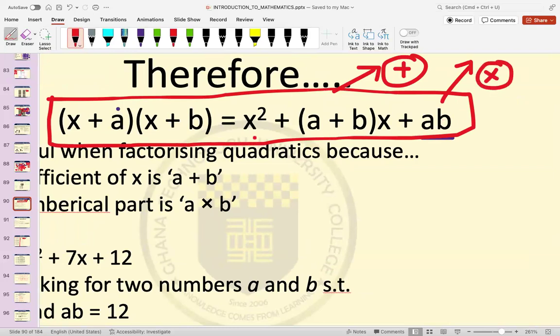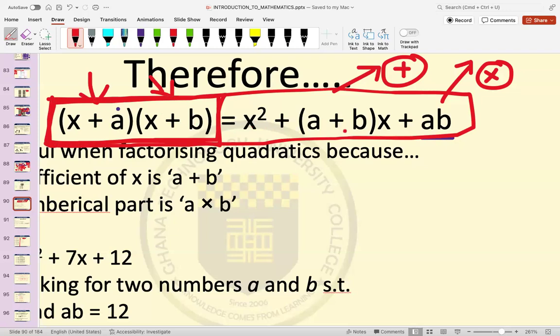So when you are asked to solve a quadratic equation, what you are seeing on the left-hand side, this is the actual answer they want you to arrive at. This is the actual answer. The actual answer is made up of 2 factors. Factor 1, which is x plus a, and factor 2, which is x plus b.